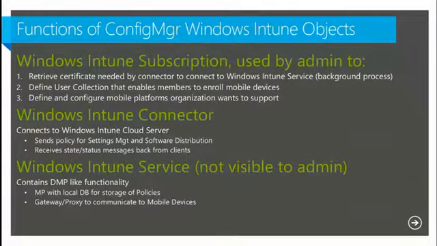The way I like to think about the Windows Intune service at this point is it's kind of operating like a device management point. It's storing all of those local policies, it's communicating with the users and the devices, and it's retrieving all that information and sending it back down to the Configuration Manager environment. Okay, so it's not this big, scary thing that's in the cloud, you don't know what it's doing. I like to just think of it as a DMP, and that helps me understand what it's doing.